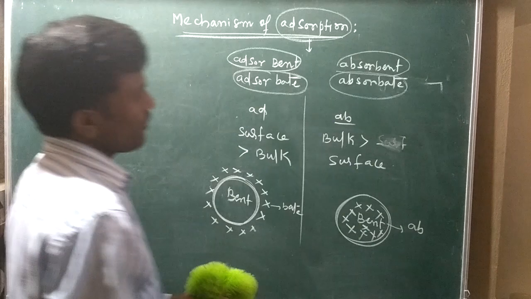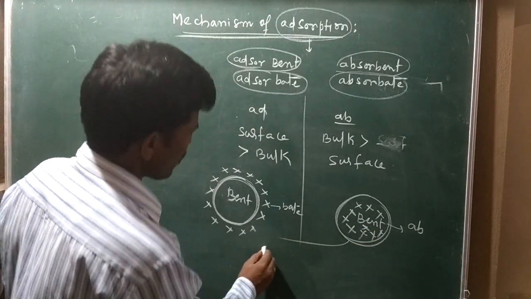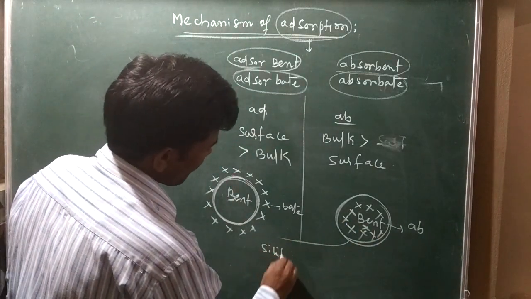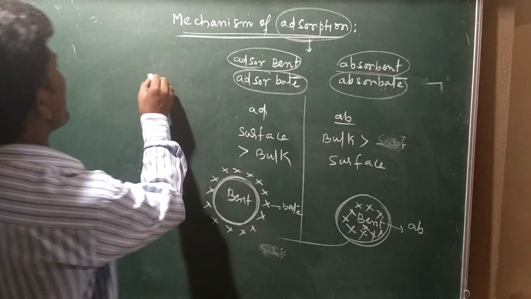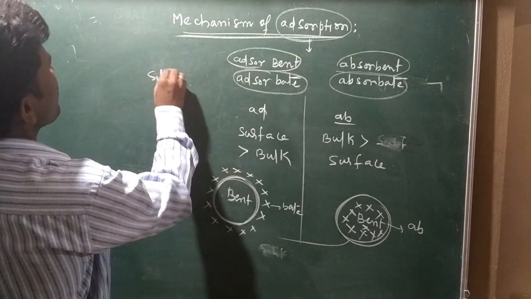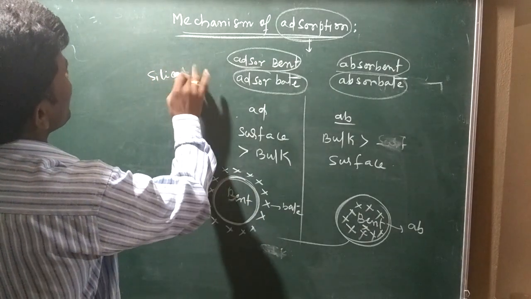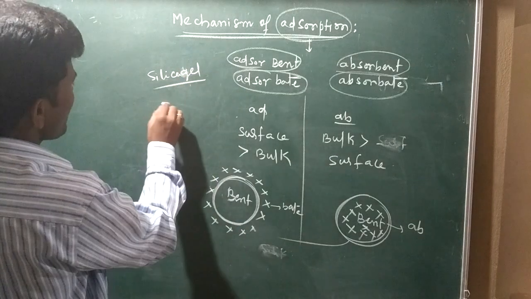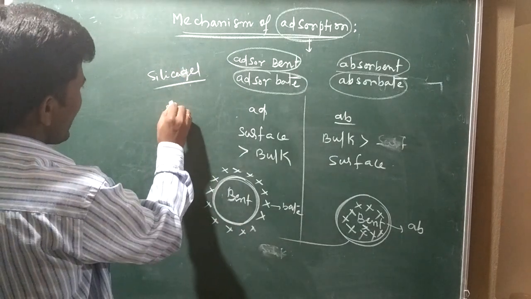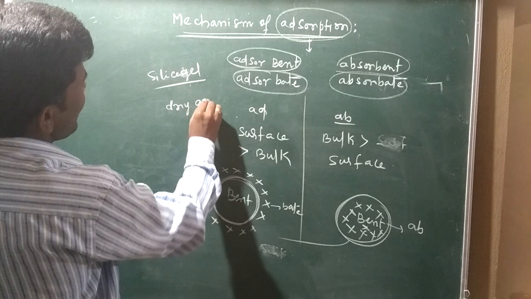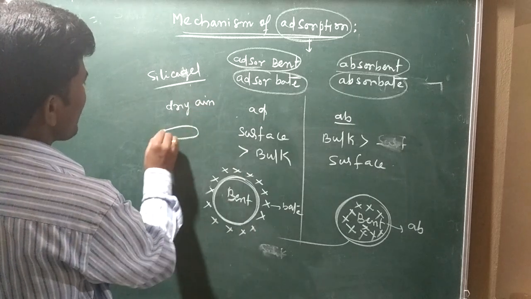We can also take these things with silica gel. With silica gel we can easily understand the interaction. Dry air will interact first at the surface of the gel.